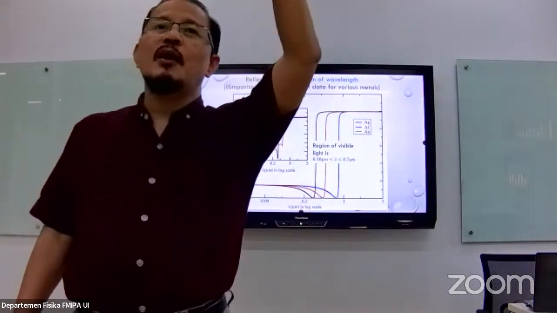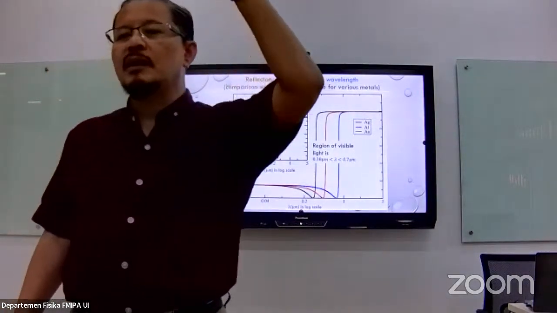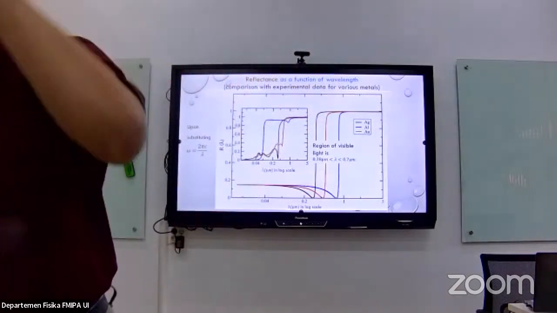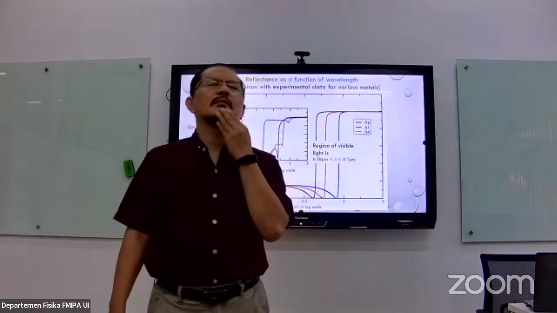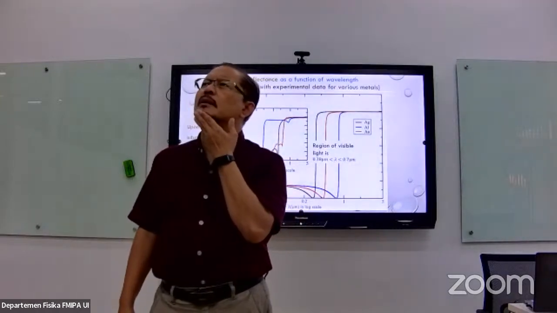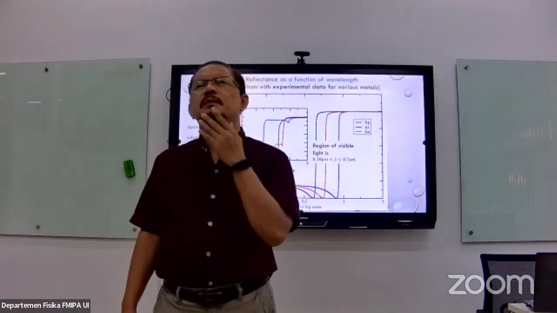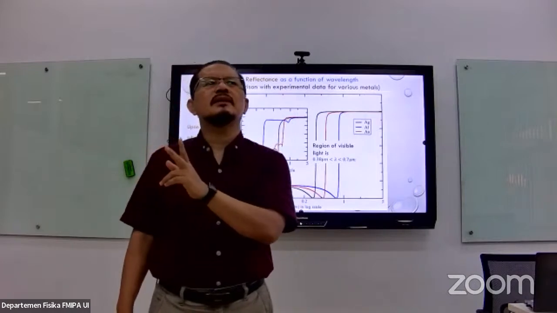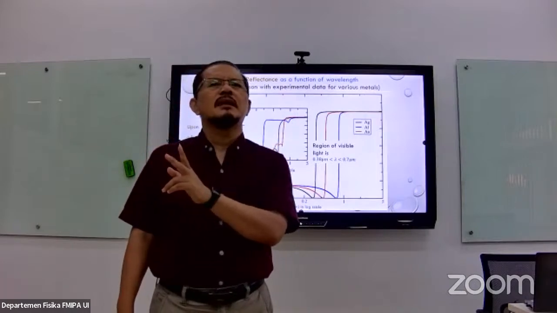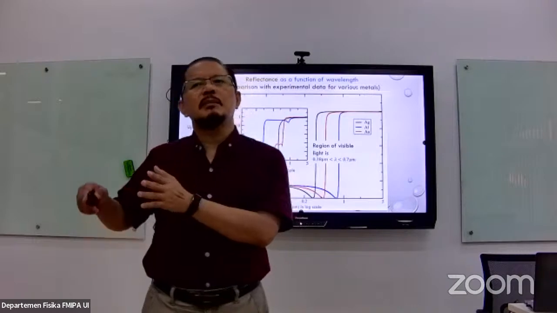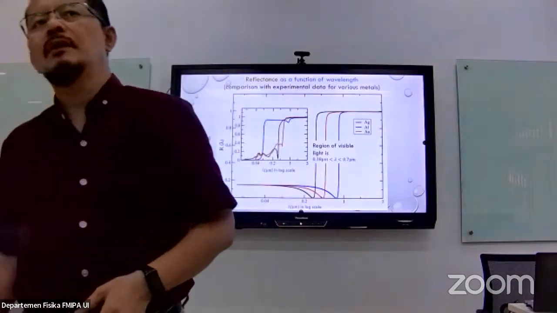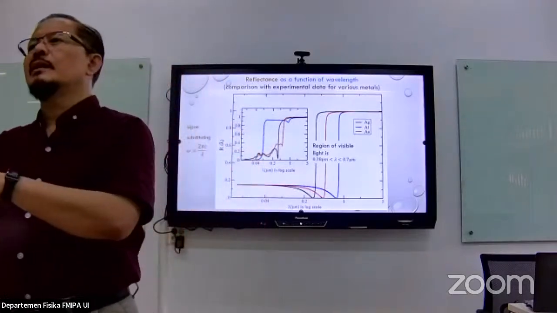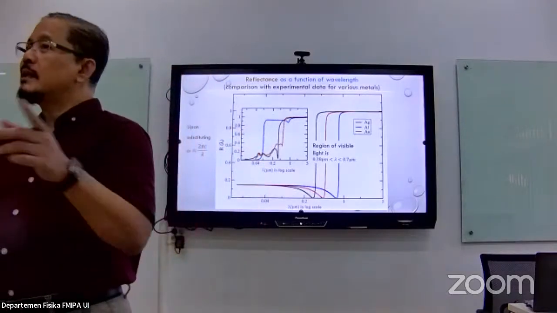In most cases, that's why metals are always reflective. And for the ionosphere, the omega p is of the order of microwave. In terms of lambda, it is of the order of centimeters. You can convert into the frequency or the energy.